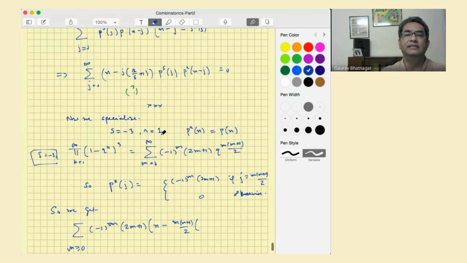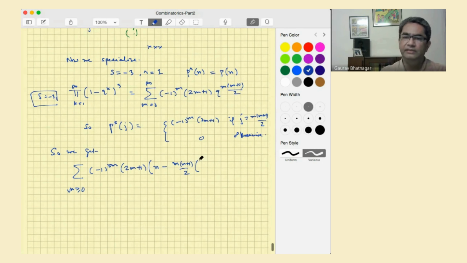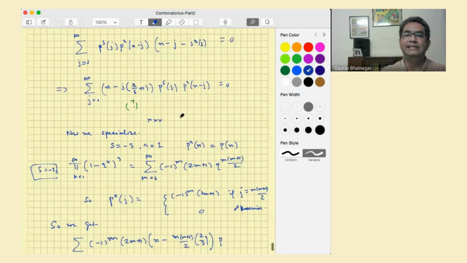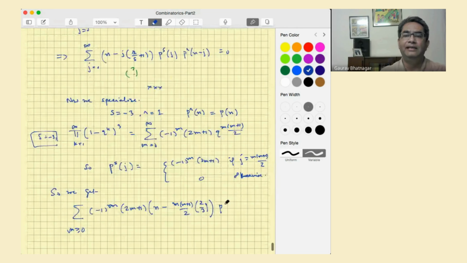So r is 1 and s is minus 3, so minus 1 by 3 plus 1. So that's 2 by 3, right? And PS I've already included, and PR is p of n minus m into m plus 1 over 2.